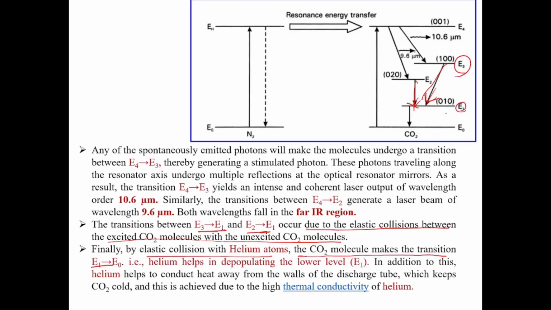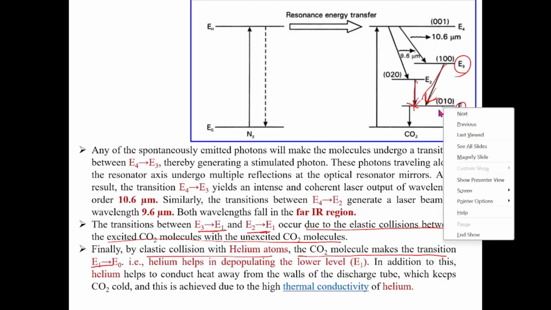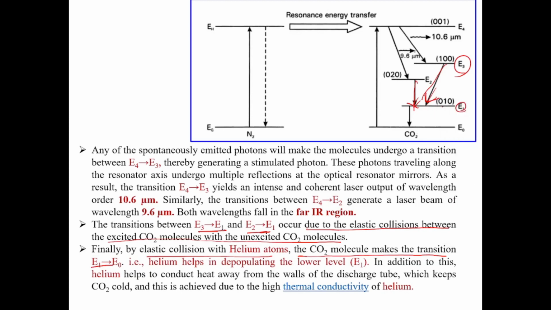The carbon dioxide molecule moves from E1 to E0 by elastic collision with helium atoms. So this transition of the carbon dioxide molecule is nothing but interaction with helium. Here helium helps in depopulating the lower level E1.